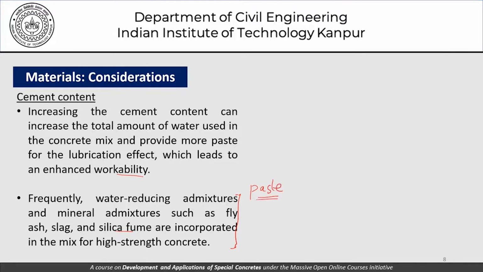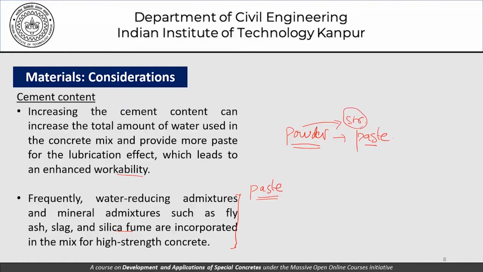We've talked about this phenomenon at length when we were talking about self-compacting concretes, that as far as the powder is concerned, that is the phase which contributes to the paste as far as the properties of fresh concrete are concerned. But this powder need not play a part as effectively when we are talking about strength.